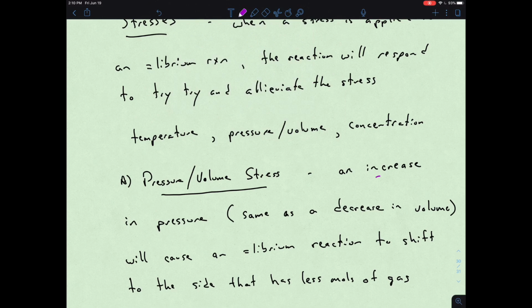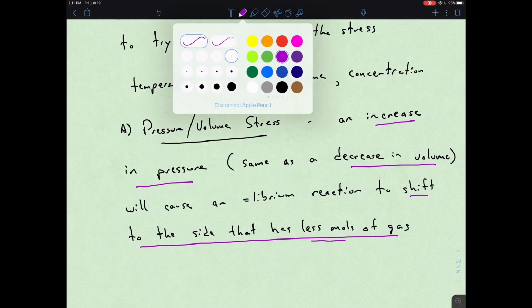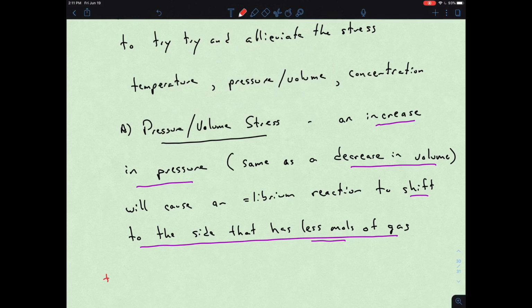So that's the first kind of stress: an increase in pressure. We can increase the pressure, or decrease the volume. That's resulting in the same thing. That'll cause a reaction to shift to the side with less moles of gas.